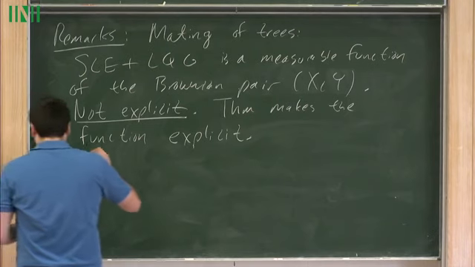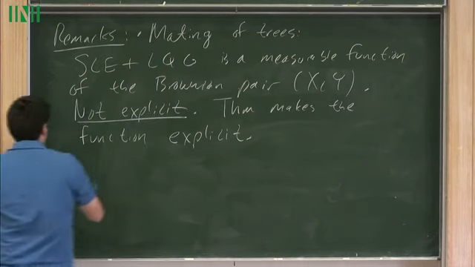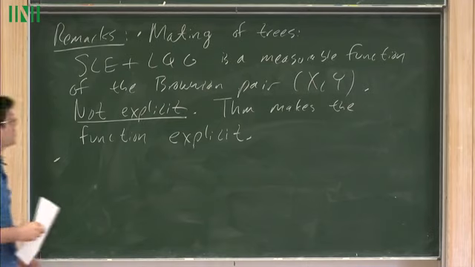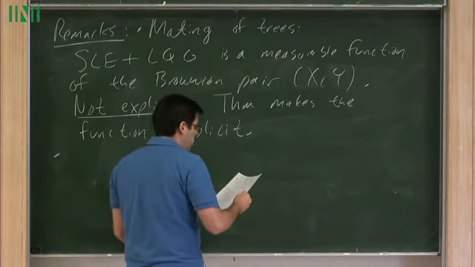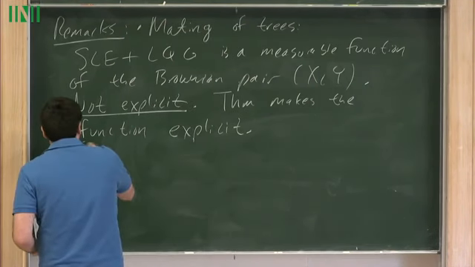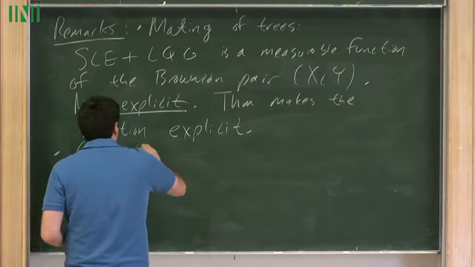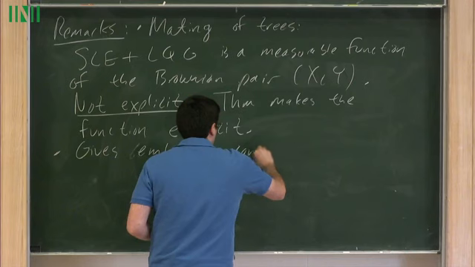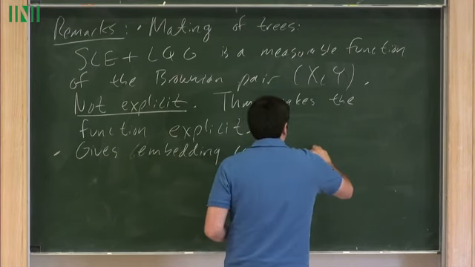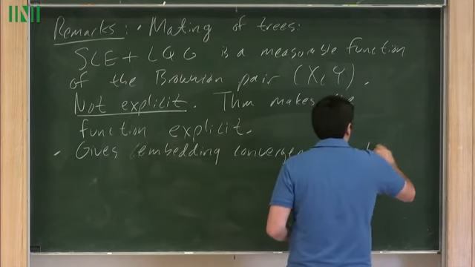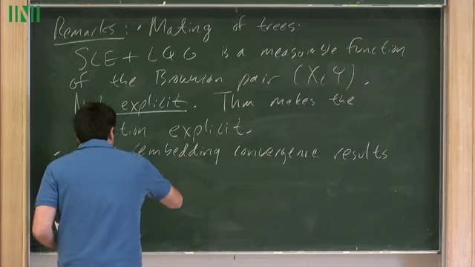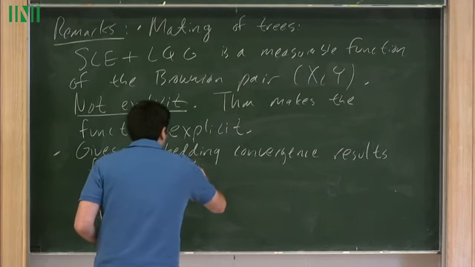The other remark I want to make is that this is a result about this particular random planar map construction, the mated CRT map, but this actually gives embedding convergence results for many different types of discrete random planar map models.